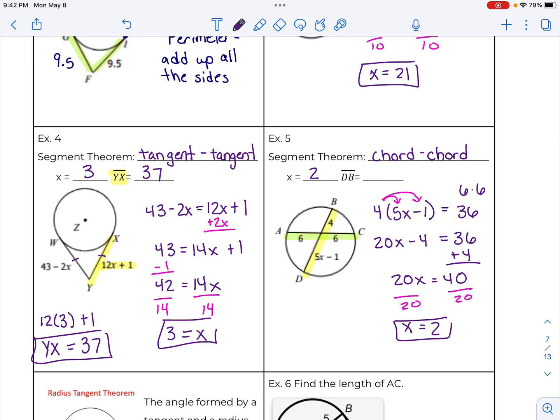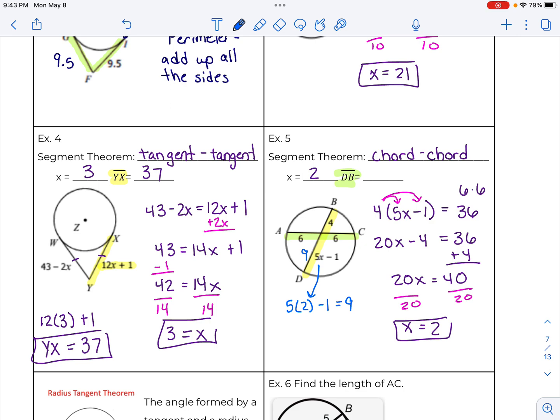So this one wants us to plug it back in to find dB. So dB is the whole length of that. So if you plug it in here, 5 times 2 minus 1, this part equals 9.